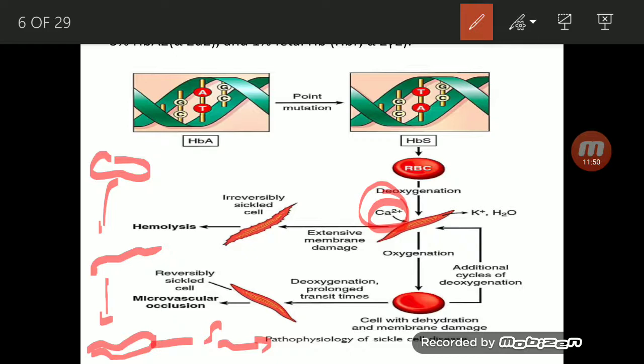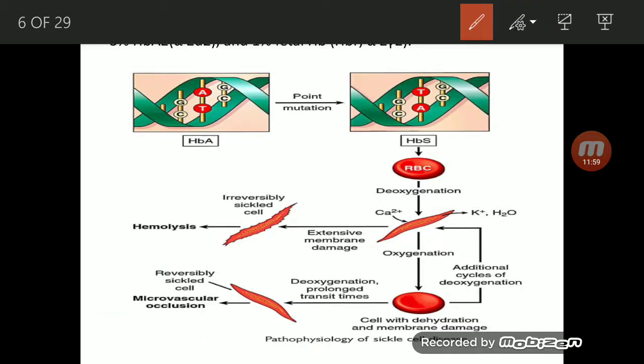Whenever influx of calcium takes place, potassium and water molecules come out from your RBC. Due to influx of calcium and efflux of potassium and water from your RBC, this is going to damage the membrane of your RBC.